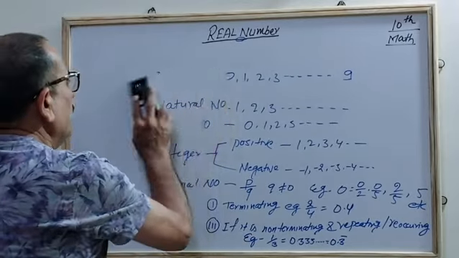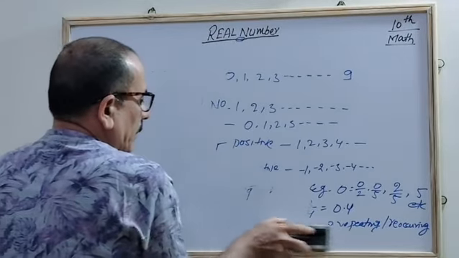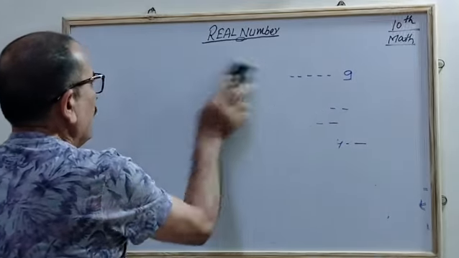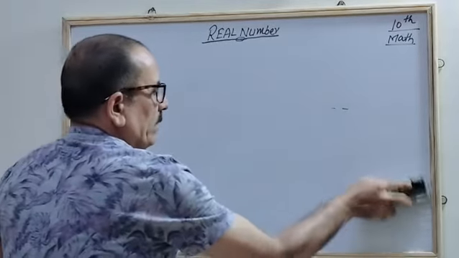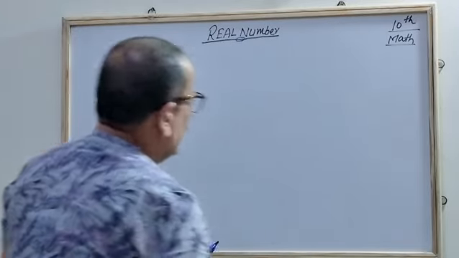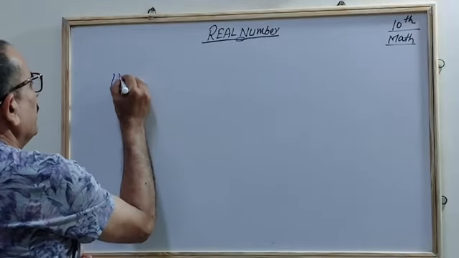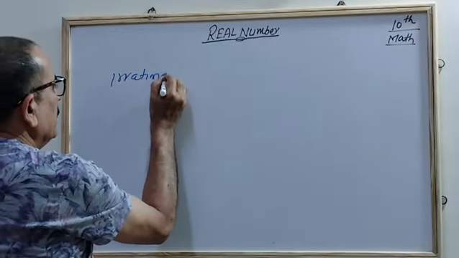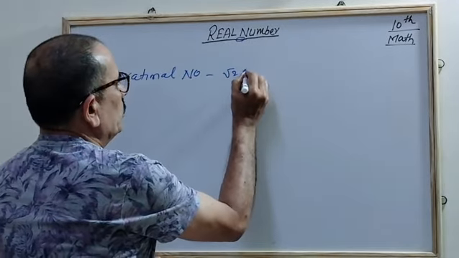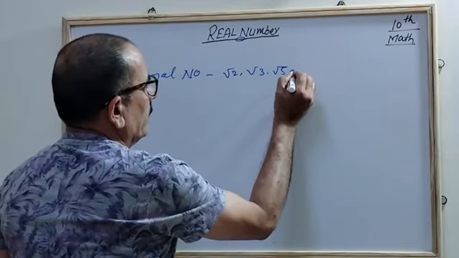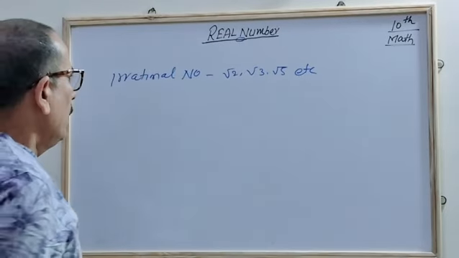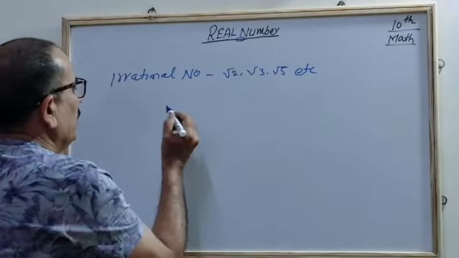Now we will talk about irrational numbers. What is an irrational number? Irrational numbers are numbers which are non-terminating and non-repeating. The examples you can see are root 2, root 3, root 5 etc. These are examples of irrational numbers.